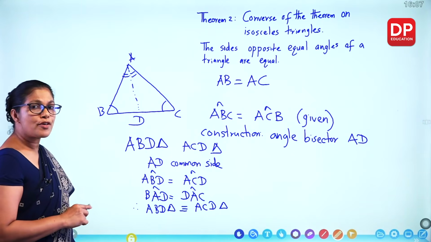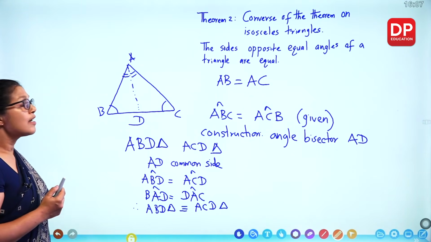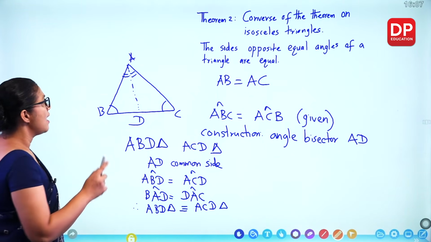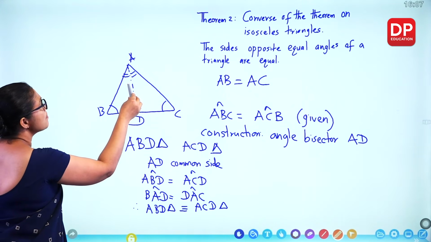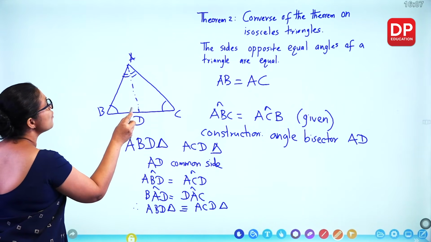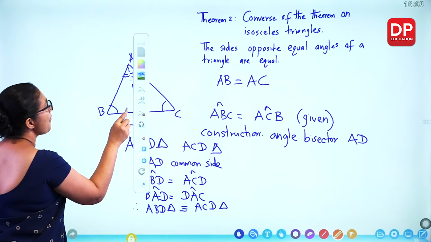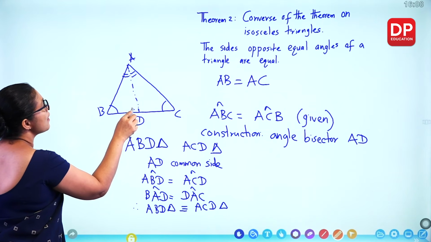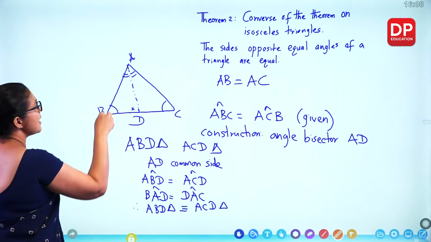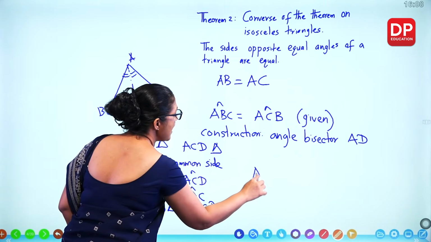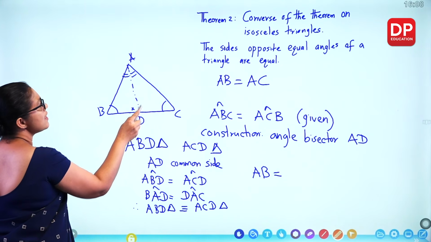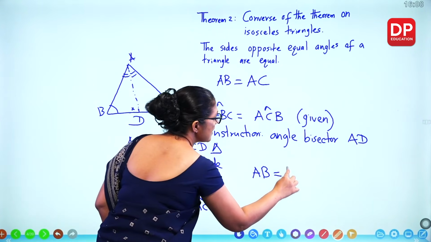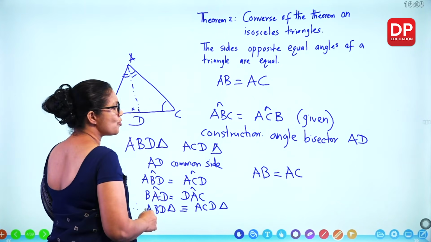If these are congruent, what can you say about the corresponding elements? Look carefully, the corresponding elements means if you take this angle, opposite to this angle is this length. So we can say AB is equal to, opposite to this angle is AC. So why is this true?